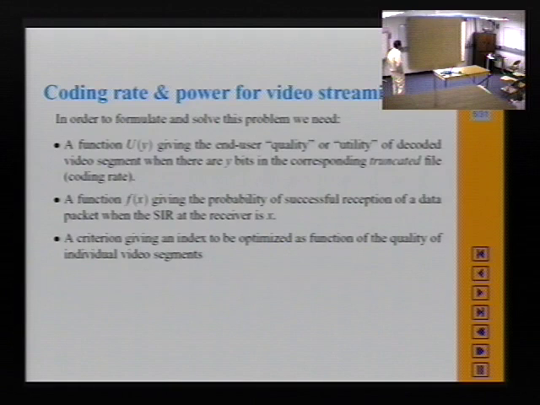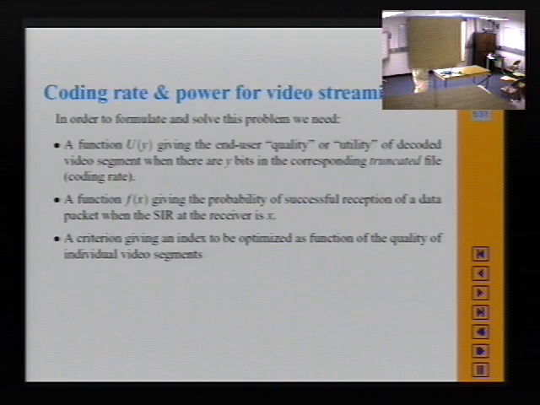First of all, what do we need to formulate the problem, to set it up? If we have this scalable file, we know that if we cut too early, the image or the video is going to be useless, and if we use the whole file, it's going to be perfect or nearly perfect video. But what happens in between? We cannot solve the problem unless we are clear about what happens when you use an intermediate value.